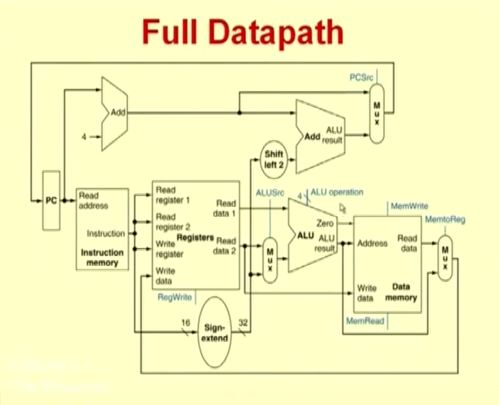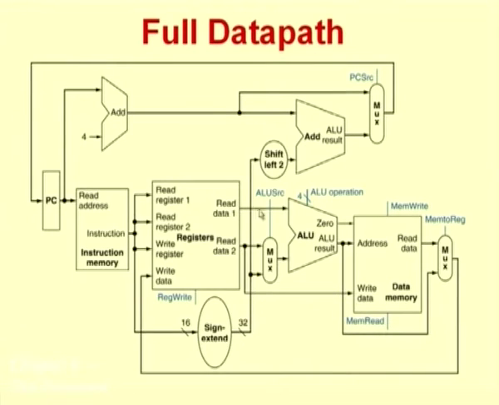Then this is our ALU. ALU input can come directly from the instruction if it is, for instance, an address calculation, or the value would come from the register. So, one register value comes directly, and another comes either directly from the register or the value from the instruction is given here after sign extension. Remember, the sign extension was something that we added, and this value comes as the input to the ALU.